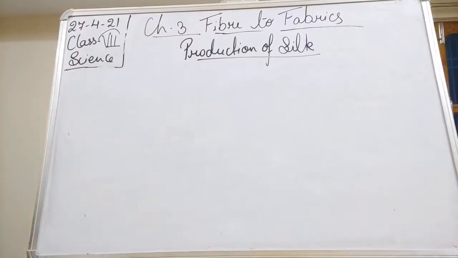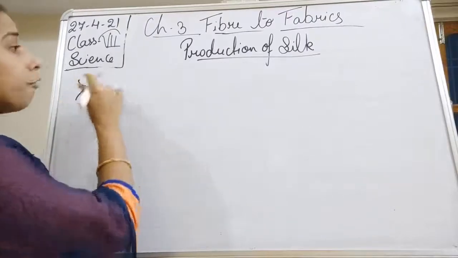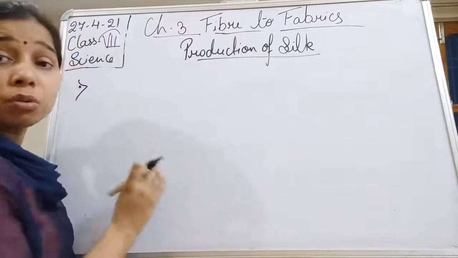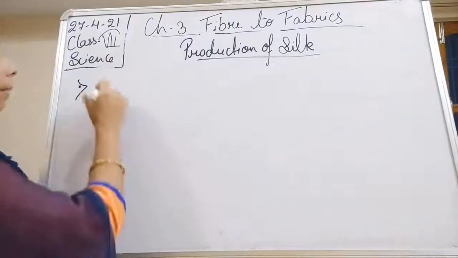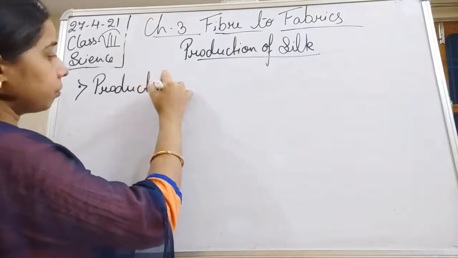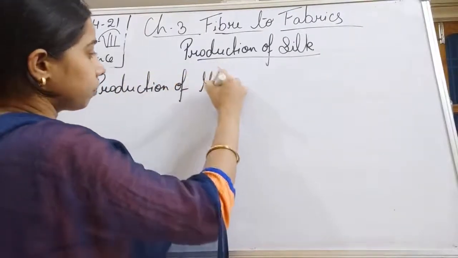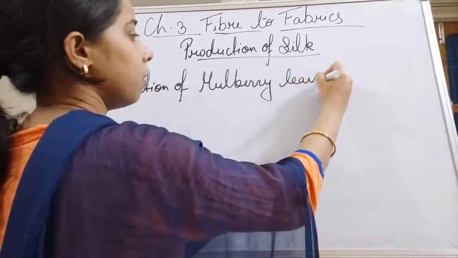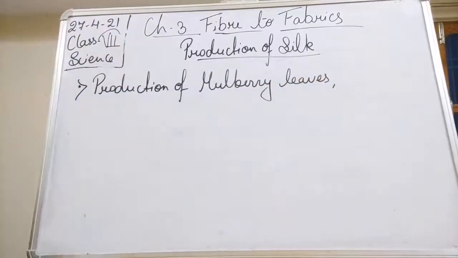So the first important thing, to get good quality silk, is the production of mulberry leaves.